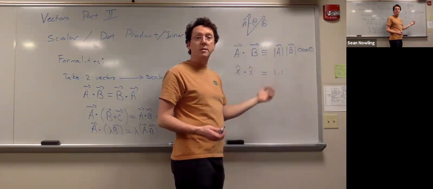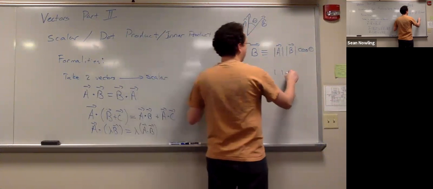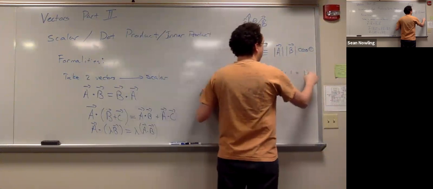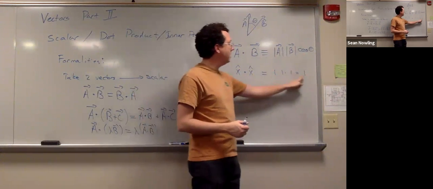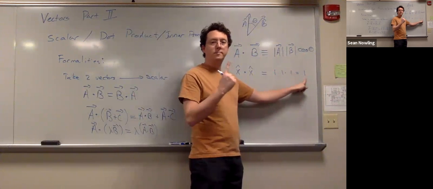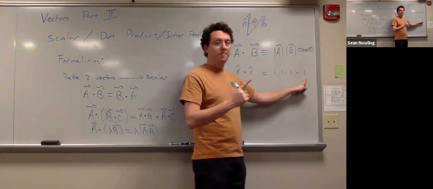Cosine of 0 is 1. Okay. The dot product between x hat and x hat is just 1. Pure number 1, not a vector, scalar 1.